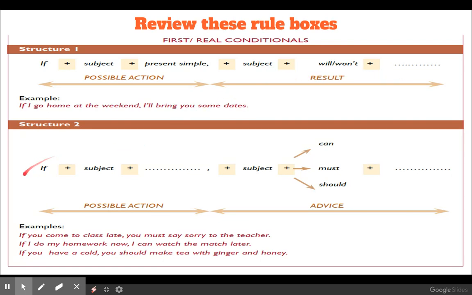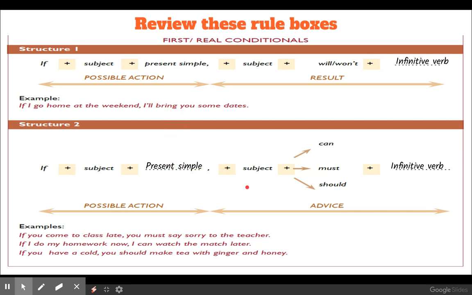Then if we look here, what do we think needs to go in these blanks? What comes after the subject in a first conditional? Let's look. That's right, present simple. Again, subject plus present simple. There's no change between these.